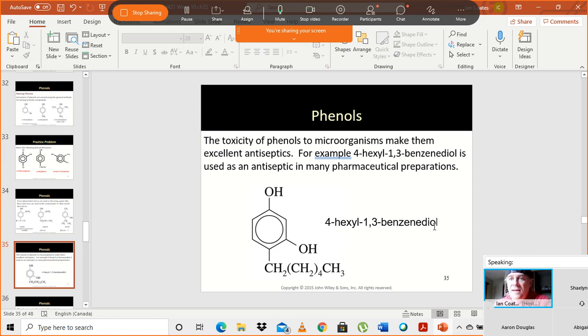These two trump everything, so we deal with that first. That's a 1,3-benzenediol. On the 4 carbon here, we have a hexane. So 4-hexyl 1,3-benzenediol. Ugly, I know. It's just the way it is.